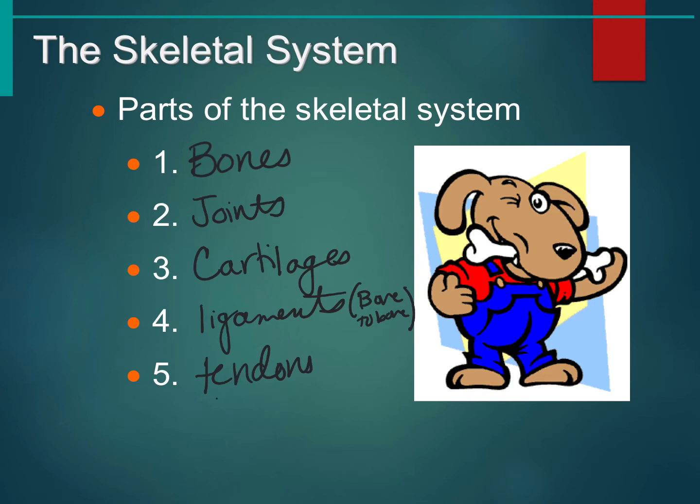And tendons hold bone to muscle, or muscle to bone, I guess. So some of the features that we'll talk about today and in the coming week are caused because ligaments and tendons need places to attach.